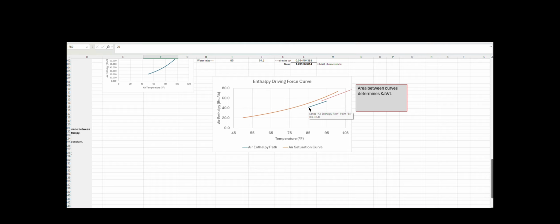If your water temperature were to exit at the wet bulb temperature, then essentially it would come out where these 2 points would be touching. This enthalpy path can never go above saturation. You can't have more than 100% relative humidity. And therefore, you can never get colder water than the wet bulb temperature.